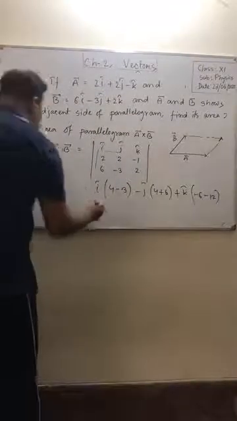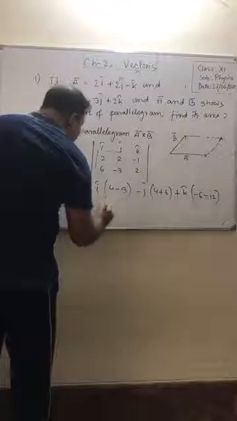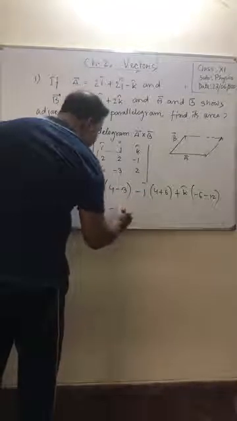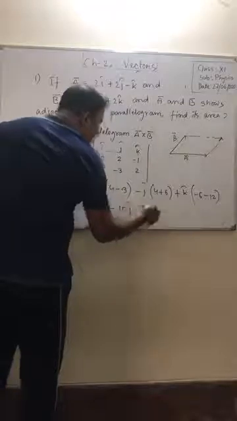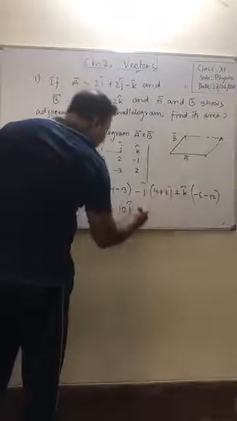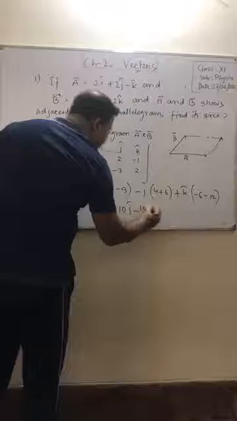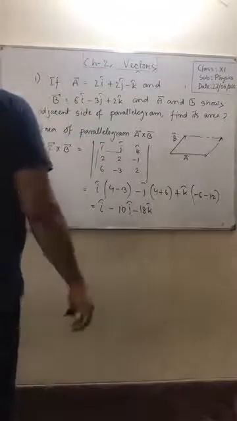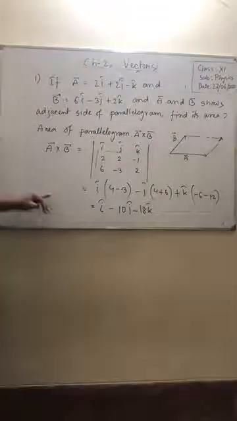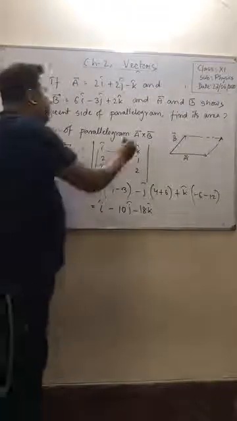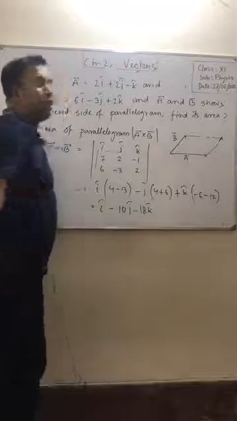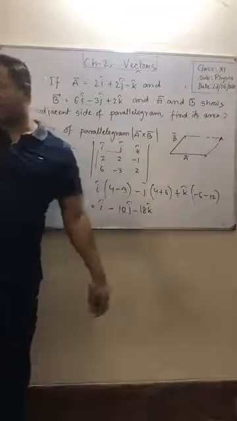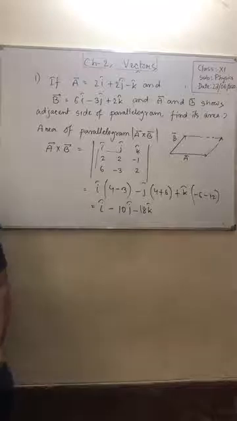So what I write down is 4 minus 3, which is 1, you don't need to write 1, minus 10j, that means minus 18k. Understand? We know the area of a parallelogram means the cross product. We need to find the value, so we take the modulus of these two sides.